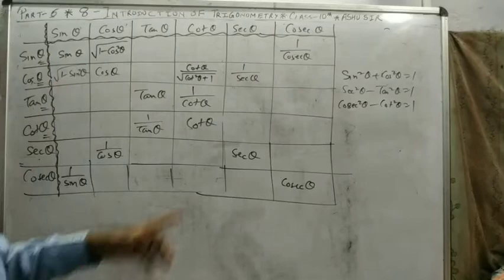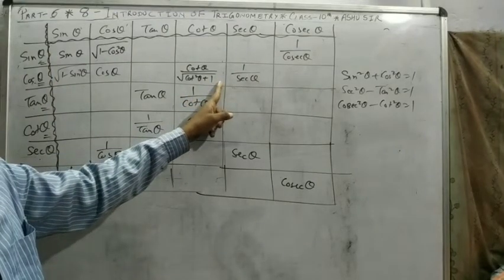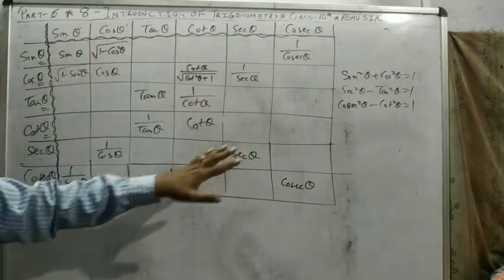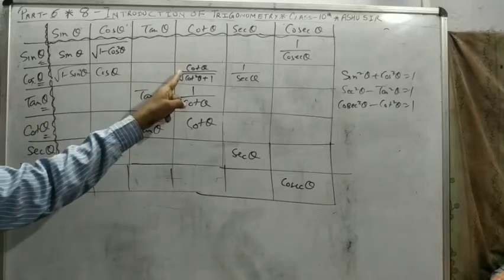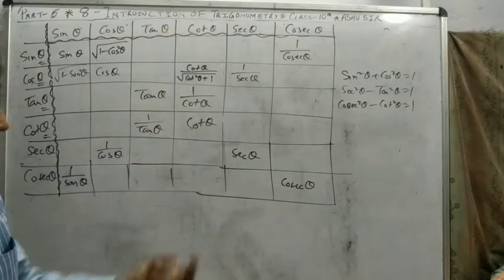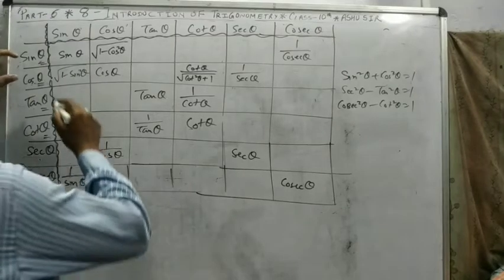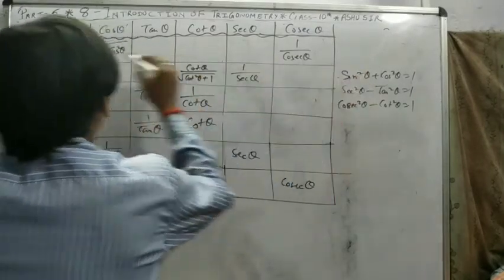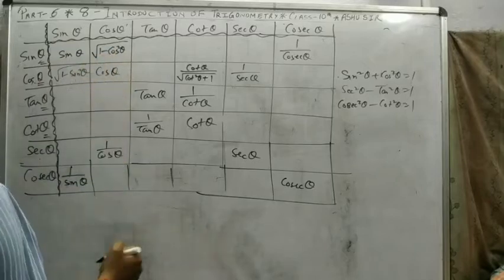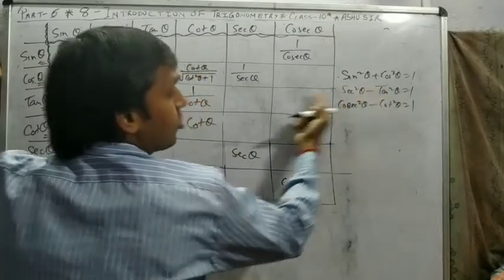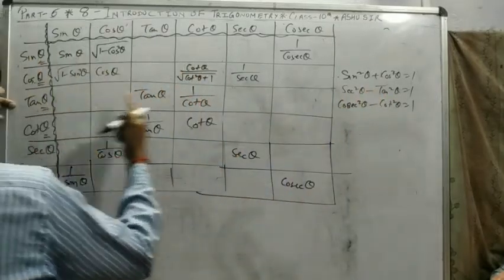So only some are difficult. You can see 12 columns are easily filled. Only one we have to find out. So some are a little bit difficult, but not the same. Using sin and cos, 2 more boxes fill. Sec, tan, 2 more boxes fill. Tan, sec.